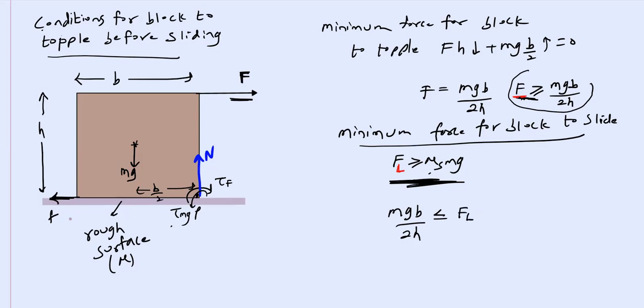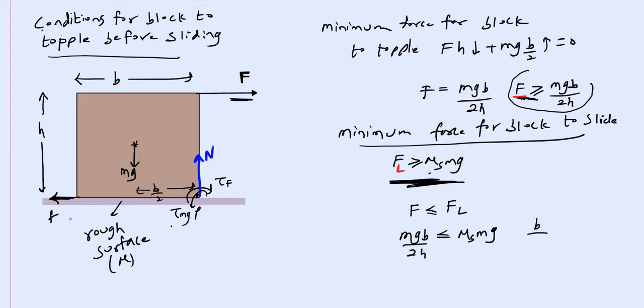Let me put it in the form of an equation. So the minimum force for the block to topple should be less than limiting friction. What is the minimum force? Minimum force should be mgb by 2h. Should be equal to mu s mg.